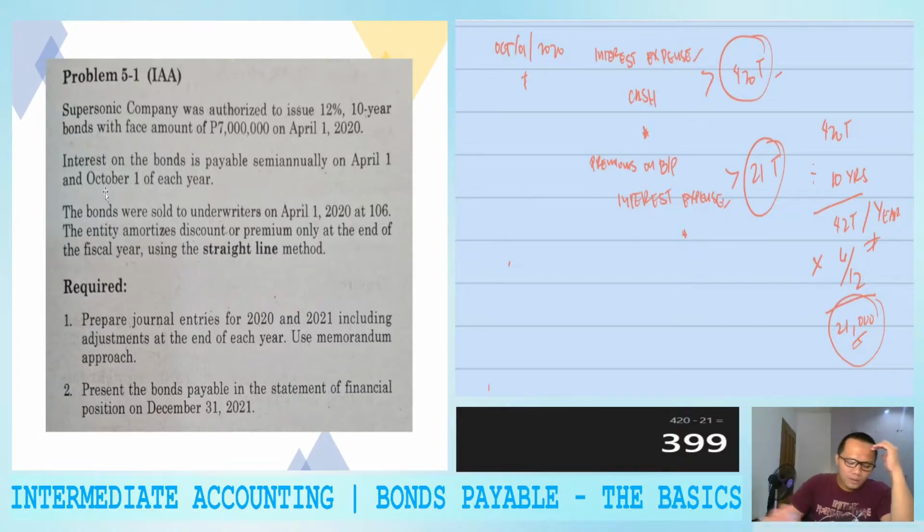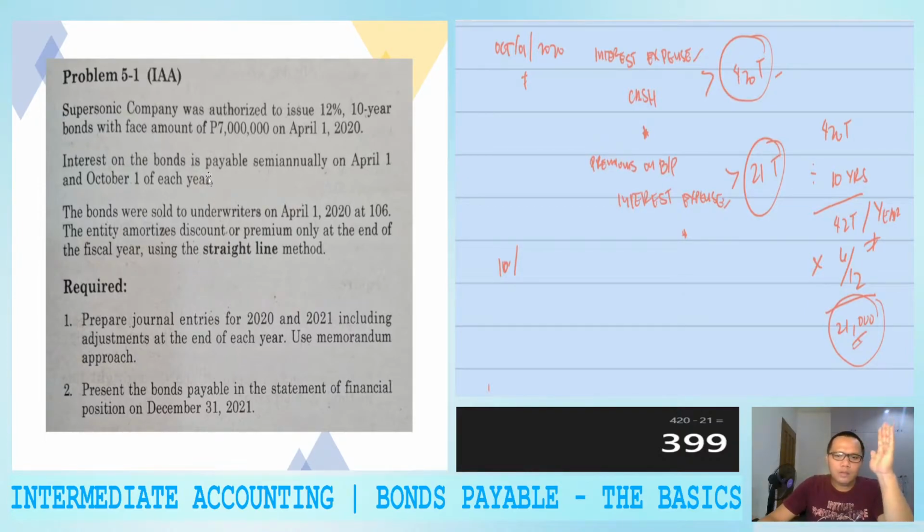Sorry, we are October 1 pala. The next is on April 1, di ba? So that would basically mean April 1 next year, so April 1, 2021. But we have to remember again, basics of your adjusting entry.